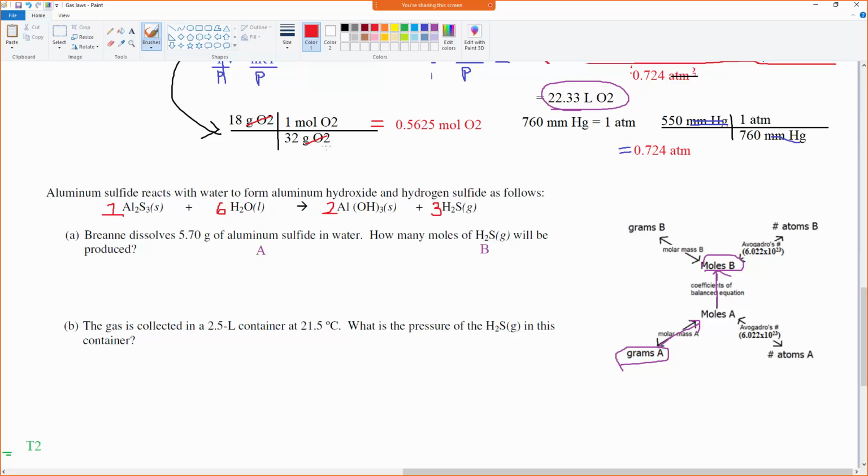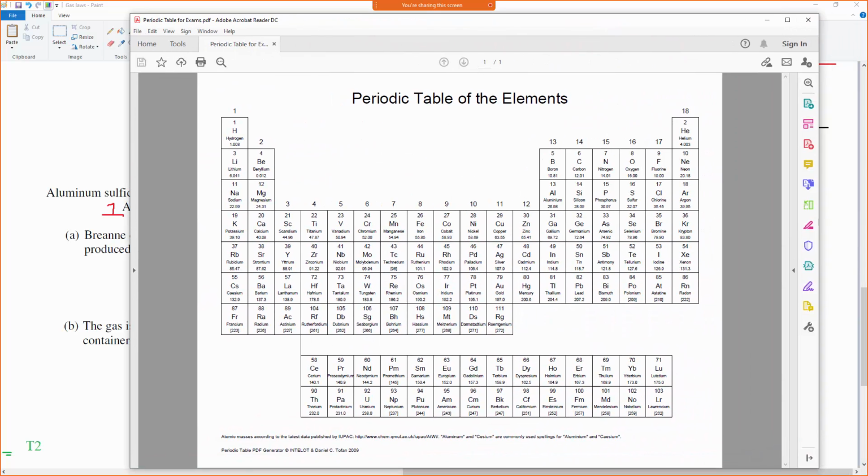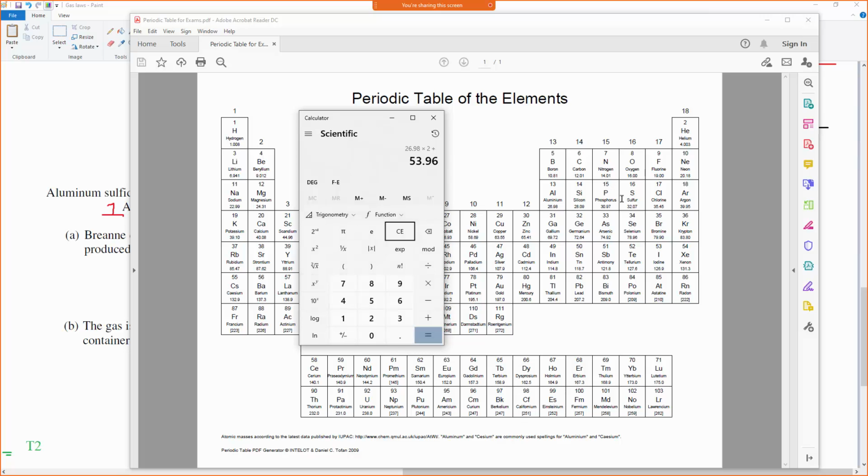Okay, all right, and now that we've balanced it, we want the molar mass of that Al2S3. I'm going to bring my periodic table over here. I need 2 aluminums, that's 26.98, plus 3 sulfurs at 32.07 each.